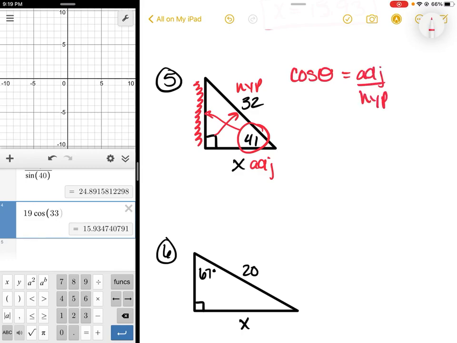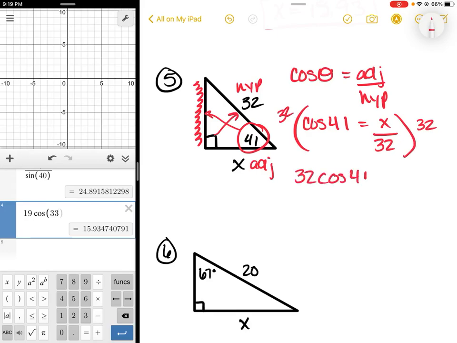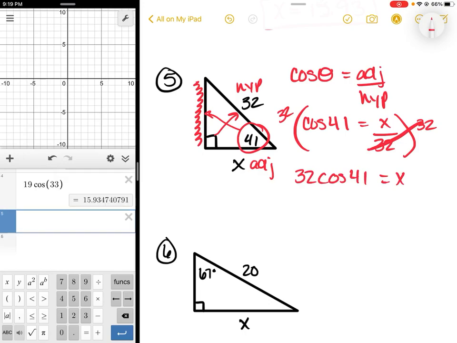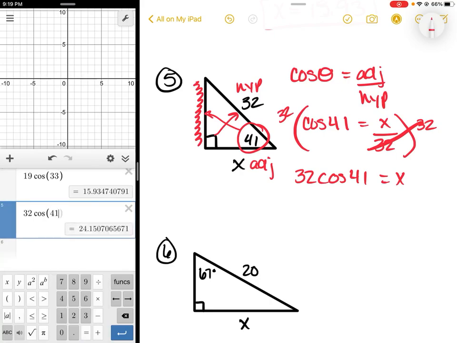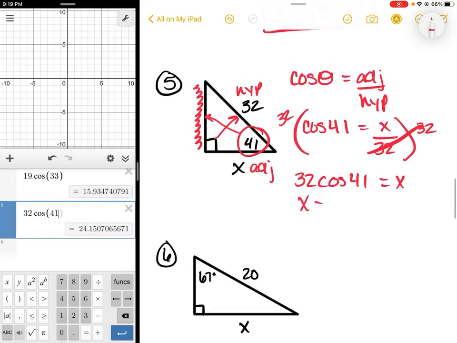So we're going to say cosine of 41 is equal to adjacent over hypotenuse. Multiply by the denominator. So when I do that, I get 32 cosine of 41 is equal to x. Type it in here. So x equals 24.15.